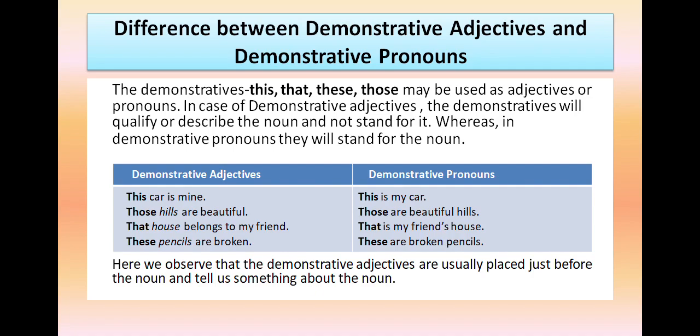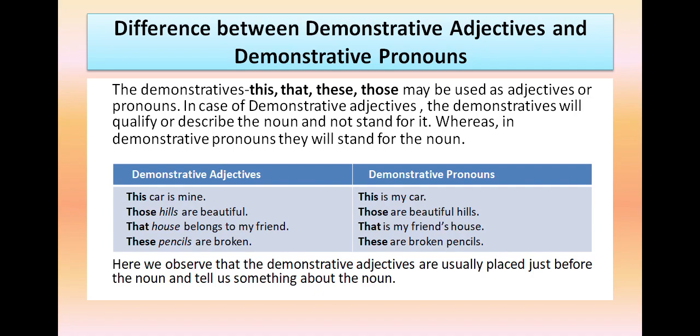Whereas in demonstrative pronouns, they will stand for the noun. Let us see these sentences. This car is mine. Those hills are beautiful. That house belongs to my friend. These pencils are broken. So here in these sentences, we see that these words are immediately followed by the nouns car, hills, house, pencils.